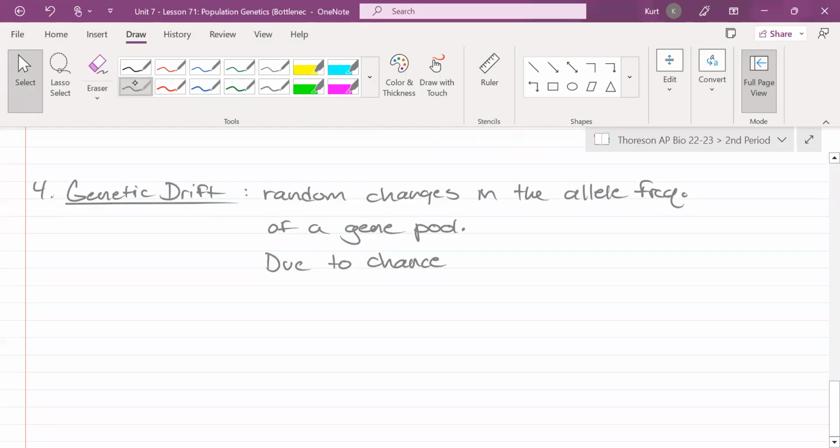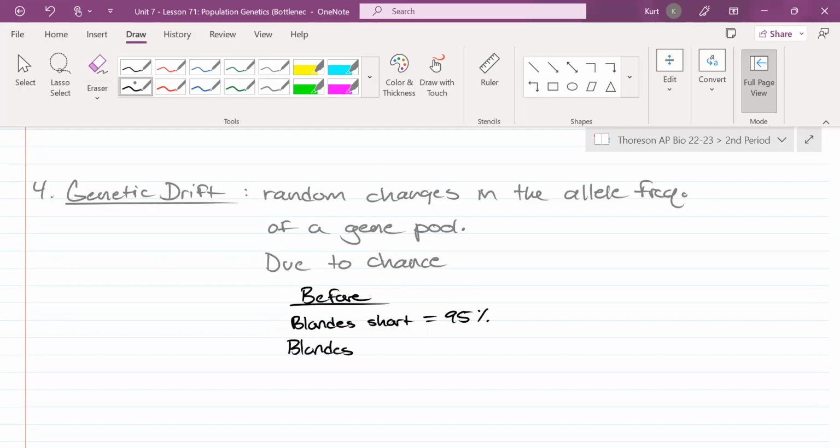Before, here was the ratios or the frequencies of people at the school. Let's say that we had blondes that were short. They represented 95%. Blondes that were tall, they represented 5%. This asteroid hits the table, wipes out all the tall ones.